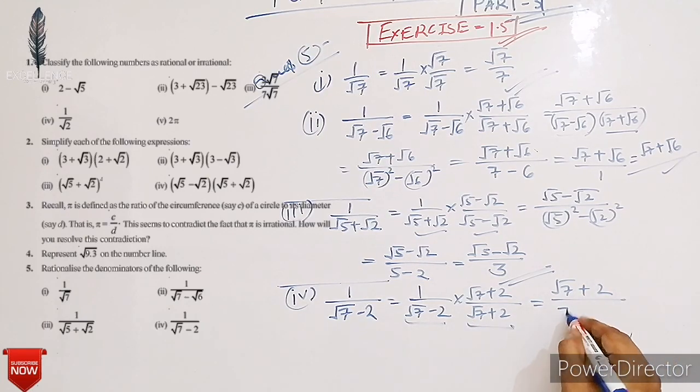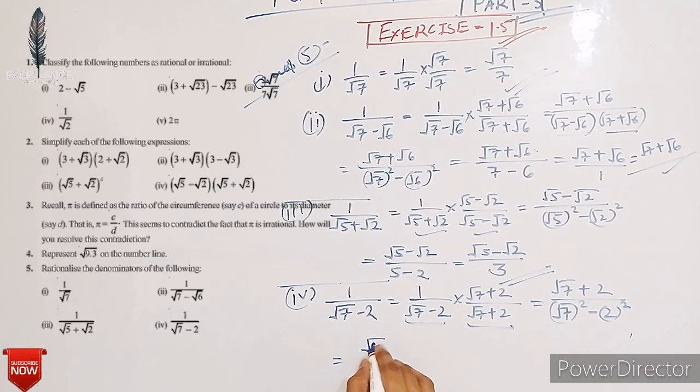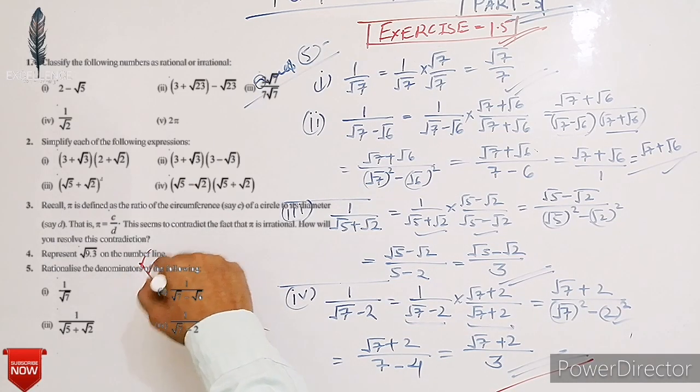Here a minus b and a plus b is equal to a square minus b square. So under root 7 square minus 2 square. So here under root 7 plus 2 upon 7 minus 4 is equal to under root 7 plus 2 upon 3. Okay, clear? Exercise complete.